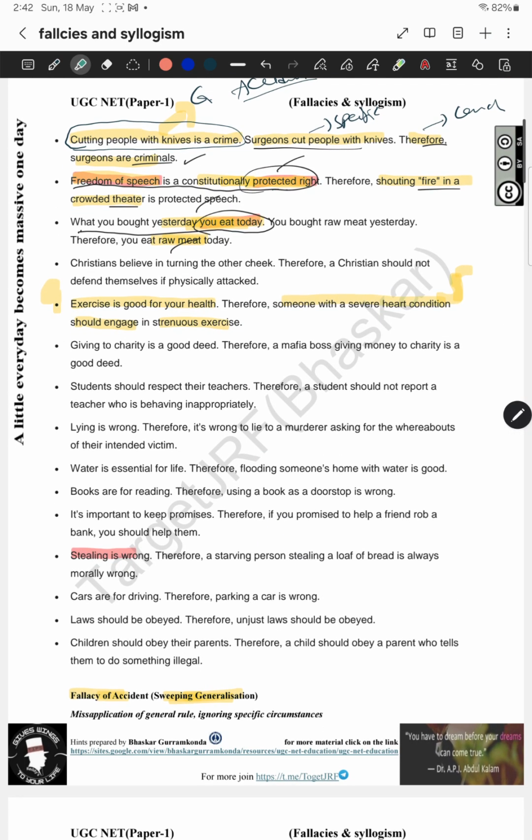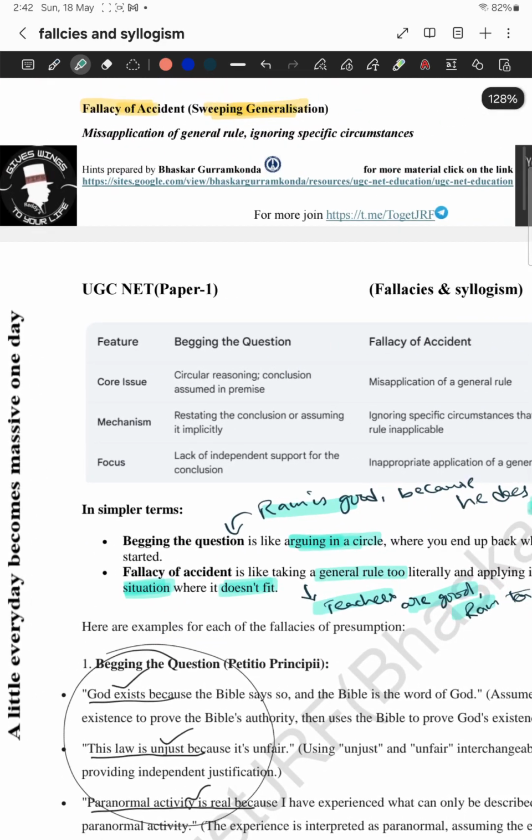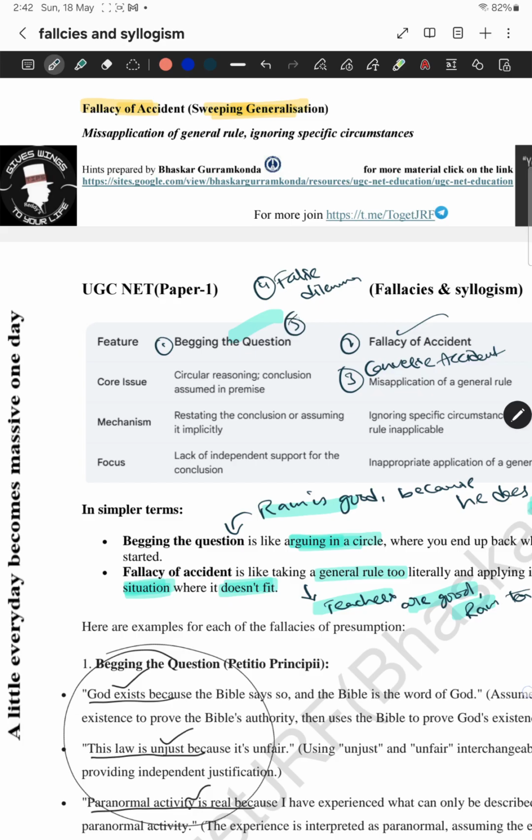Now in the fallacy of presumption we have 5 things. One is begging the question, two is fallacy of accident, three is converse accident, four is false dilemma, and the fifth one is complex question.